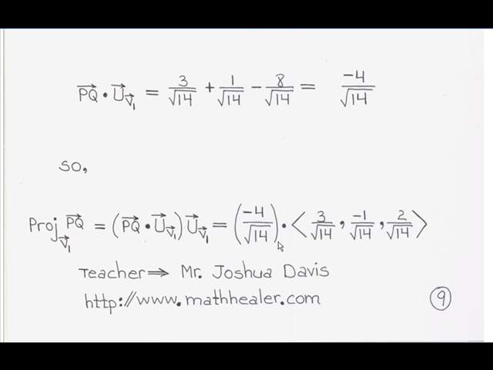This becomes our scaling quantity to scale that unit vector. So I have negative 4 over the square root of 14 times, this is not dot product, but it's times, 3 over the square root of 14, comma, negative 1 over the square root of 14, comma, 2 over the square root of 14.